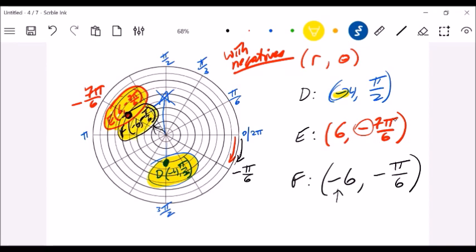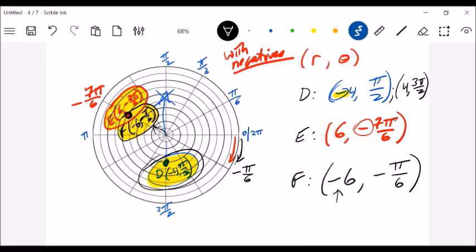In the same way, let's see, this one here, I could have written that one as 4 and 3 pi over 2. And that would have been the exact same thing. So those are two addresses for the same thing. E and F are two addresses for the same thing.